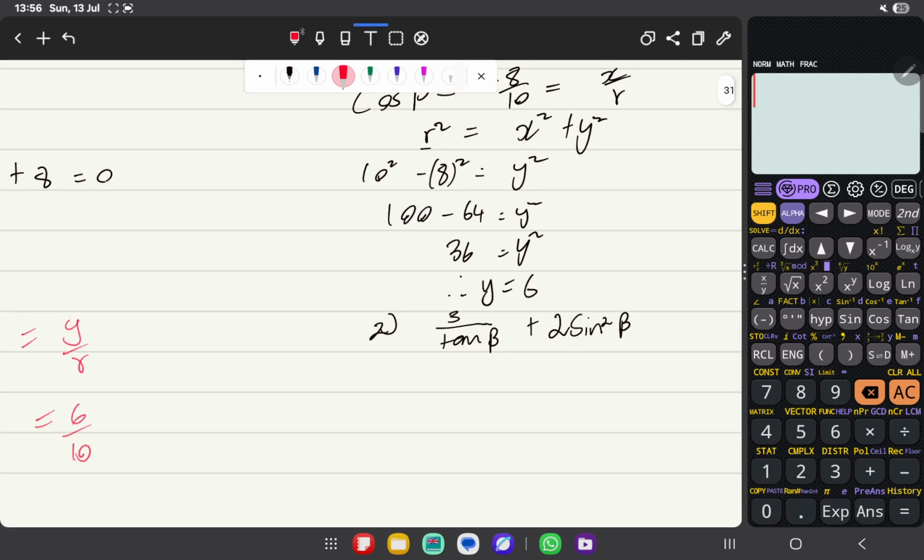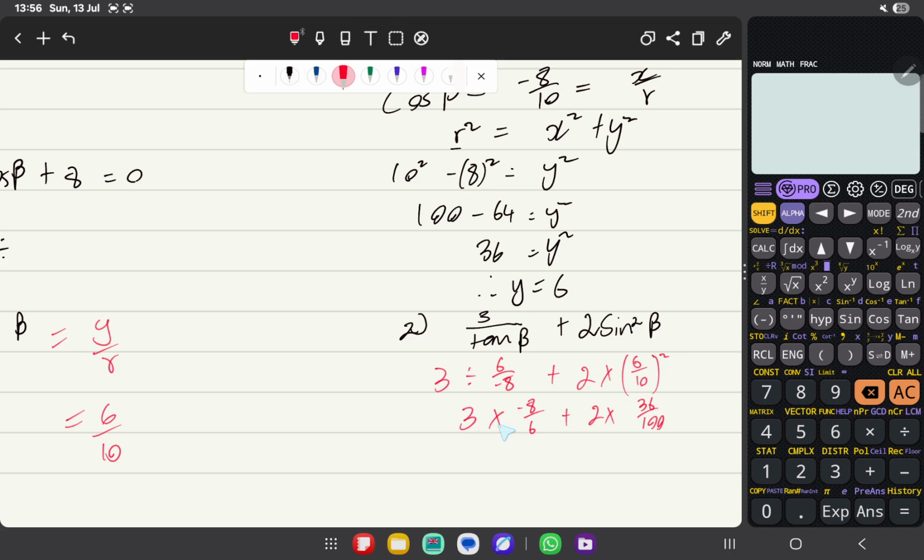Yeah, for this one you have 3 divided by tangent. Tangent is y over x, so therefore I have 6 over minus 8, plus 2 multiplied by sine. I have y, which is 6 over r, which is 10, but I have it squared. So then I have 3 multiplied by minus 8 over 6, plus 2 multiplied by 36 over 100.